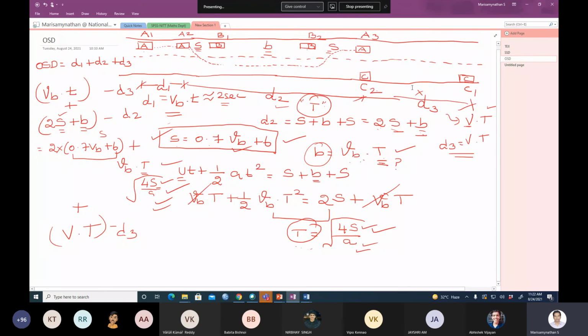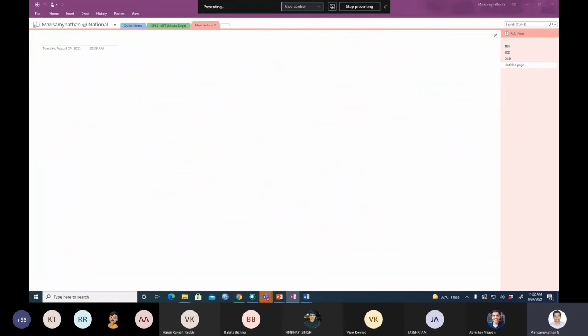Here are some assumptions we have to make. Basically, they will give the speed of the overtaken vehicle. In case the speed of the overtaken vehicle is not given, for example, 80 km per hour is given as the design speed but the speed of vehicle B is not given, then you have to take VB equal to the design speed minus 16.